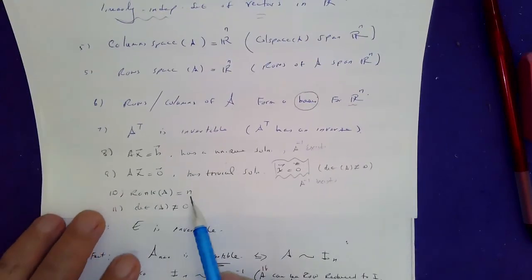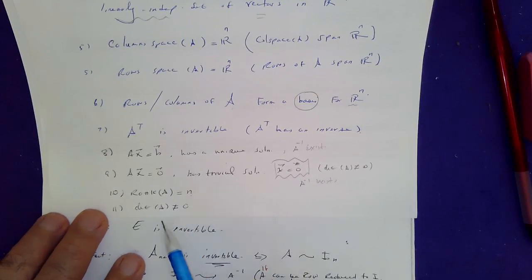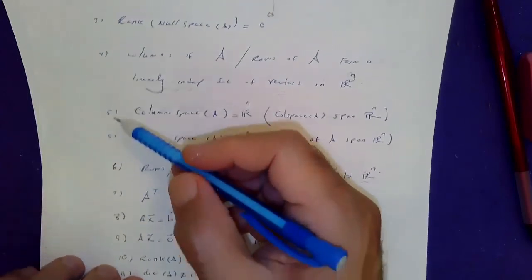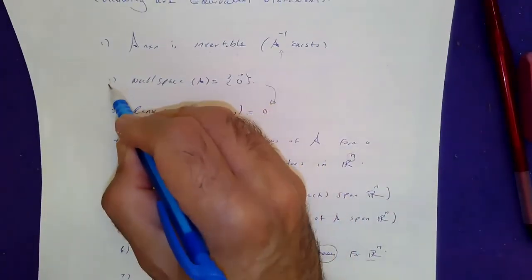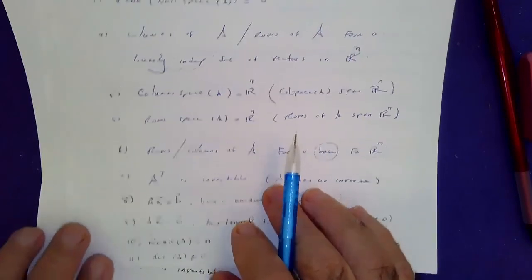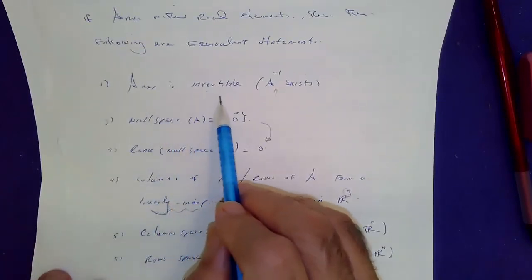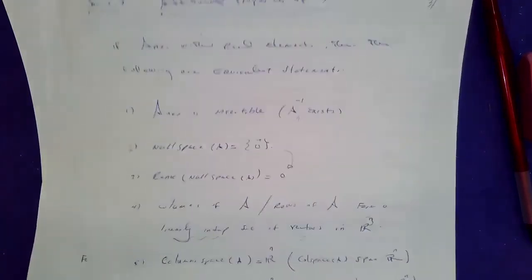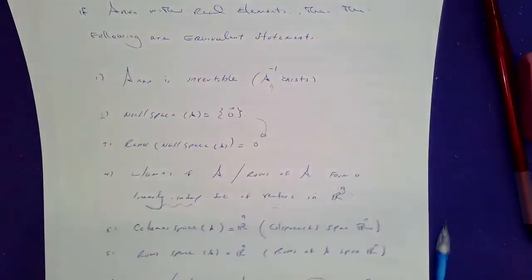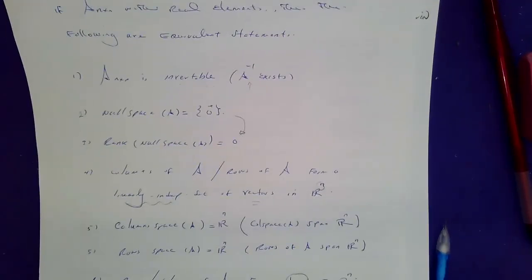The rank of A is the same as the number of variables, and the determinant of A is not 0. If any of these, let's say 2 through 11, properties hold, then A is invertible. And that's pretty much about the inverse of a square matrix.